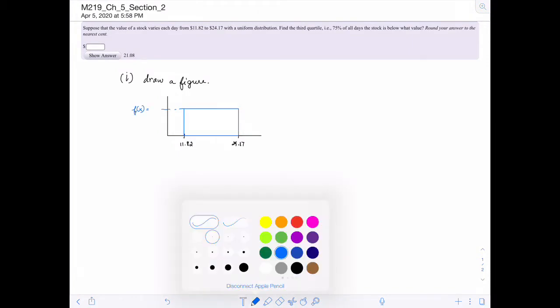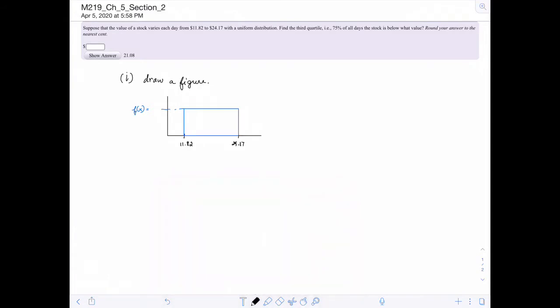Okay, so the second thing we want to find is going to be f of x. Recall that f of x for a uniform distribution is just 1 over b minus a. So in this case, it'll just be 1 over 24.17 minus 11.82.